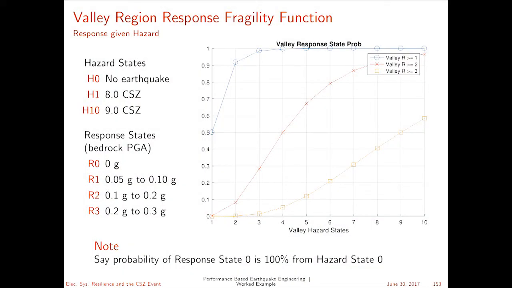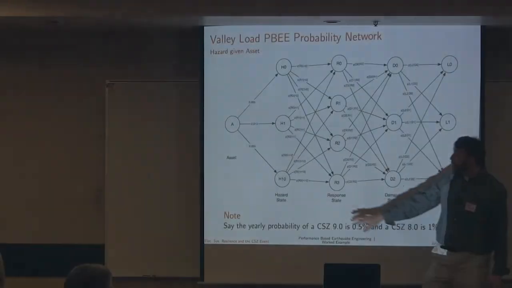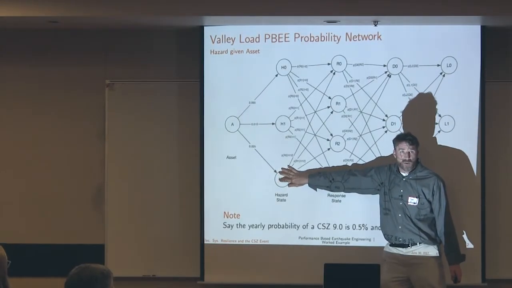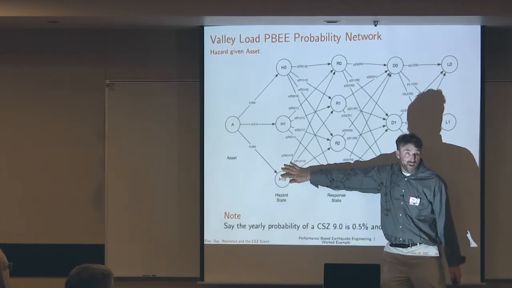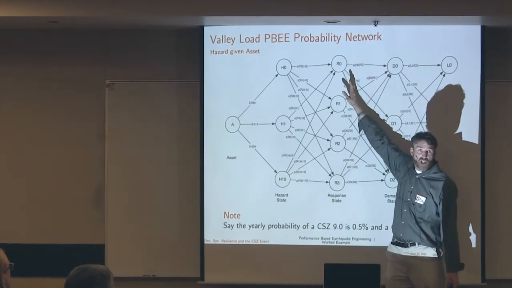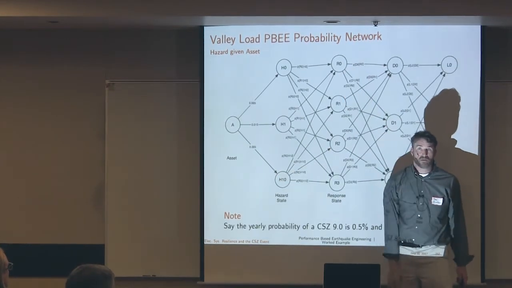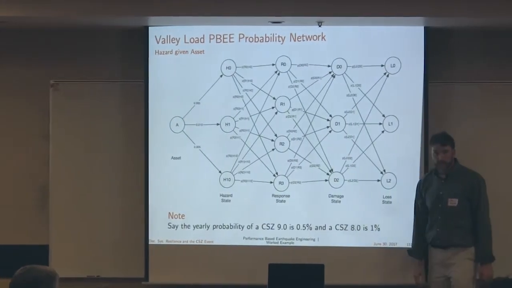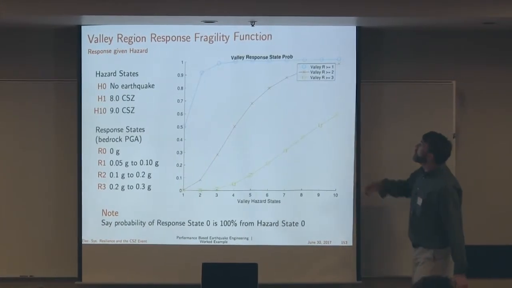What's the probability that I'm in response state 1 or greater? 100%. Right? So what's the probability that I'm in response state 0? No chance. So in other words, just to not lose track of what we're talking about, if there's a Cascadia Subduction Zone earthquake, magnitude 9, for that valley, what's the chance that it doesn't shake at all? 0 chance. No chance it doesn't shake. Does that make sense? Okay.